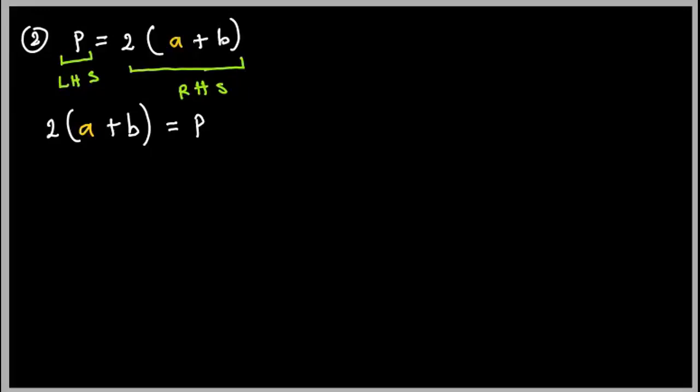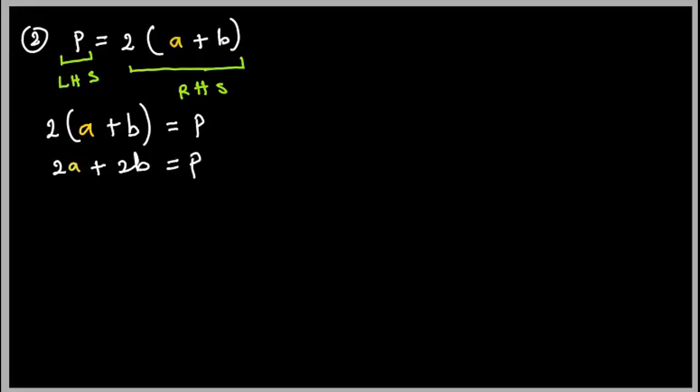It is much easier that way since it is found only on one side. So the next thing to do here is to open the bracket. I will have 2 times a is 2a, 2 times b here is 2b, and then equals to p.